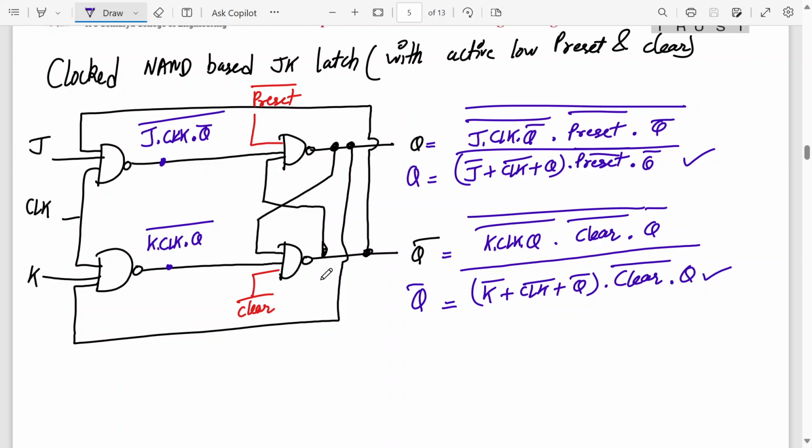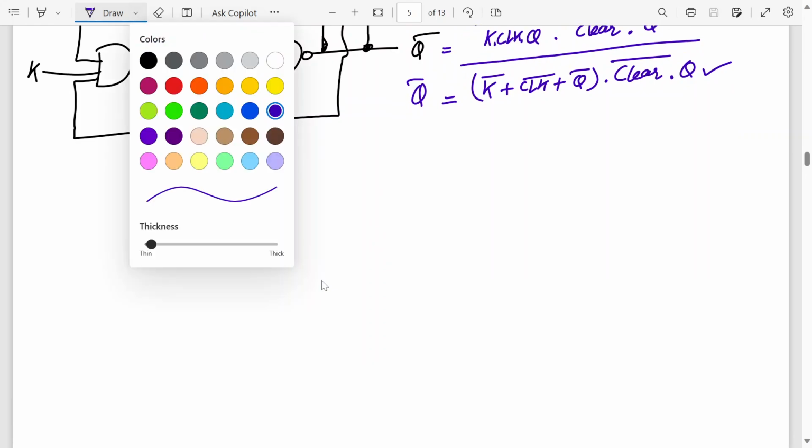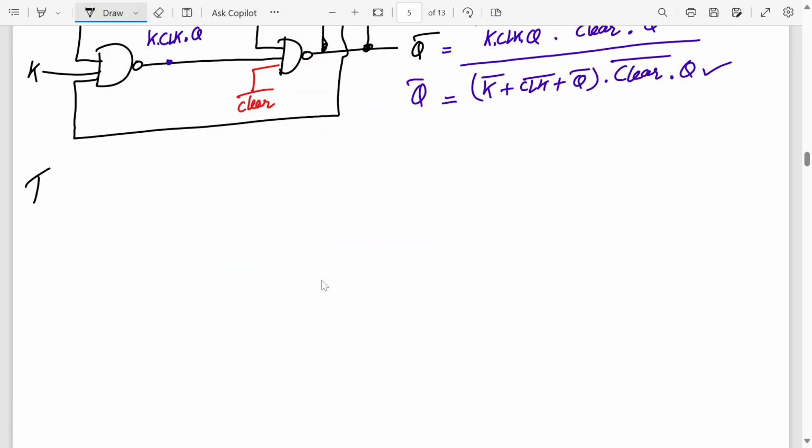I should let you know what is upcoming. Upcoming is master slave JK flip flop. You have heard of it, right? Yes. As you can see, with every design, the number of transistor count is increasing. So don't get intimidated by it. You have to just follow the logic. Now let's write the truth table. It's a big one, so it will require half a page.